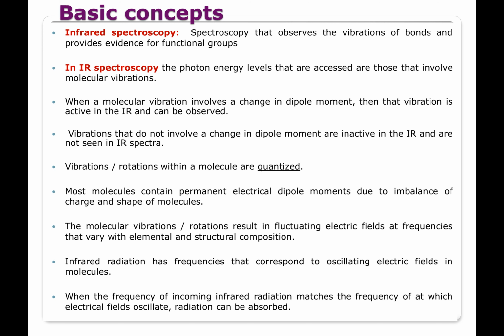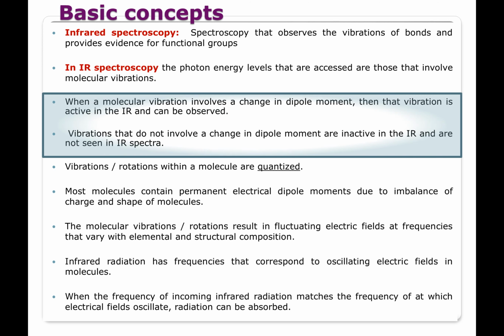Molecular vibrations and rotations result in fluctuating electric fields at frequencies that vary with elemental and structural compositions. Infrared radiation has frequencies that correspond to oscillating electric fields in the molecules. And when the frequency of incoming infrared radiation matches the frequency at which electric fields oscillate, the radiation can be absorbed, and this is shown very nicely in the next figure.